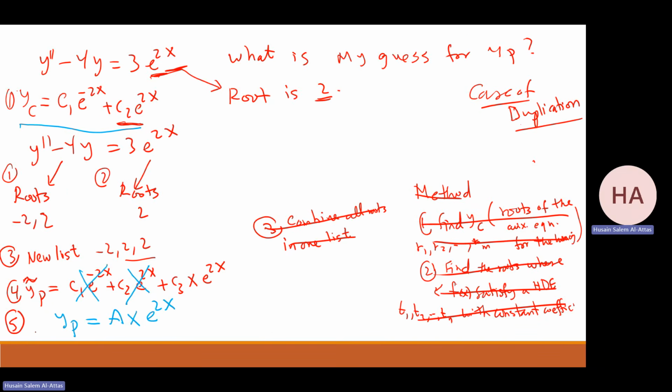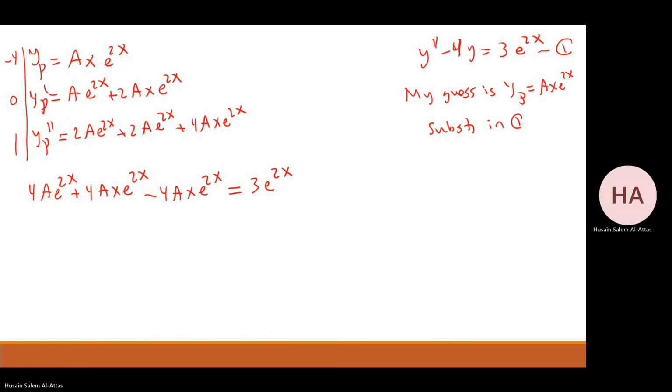I made a mistake. This is a x, so the derivative will be a e to x plus 2a x e to x.